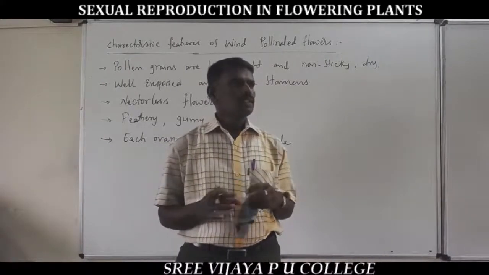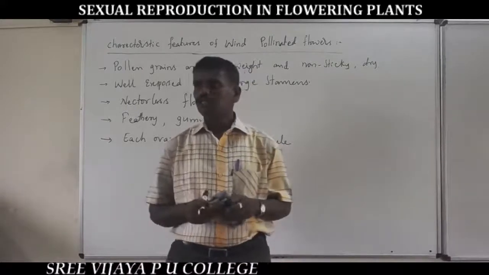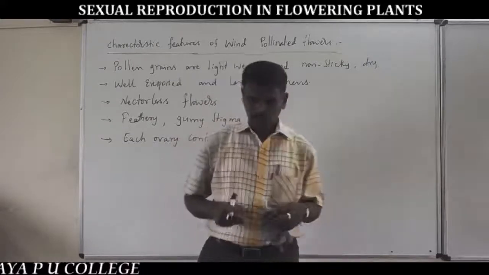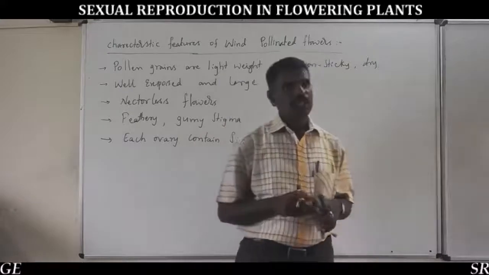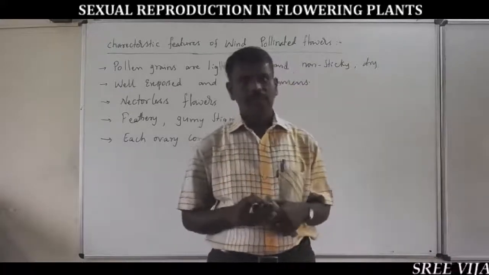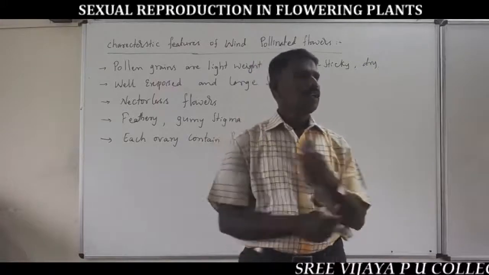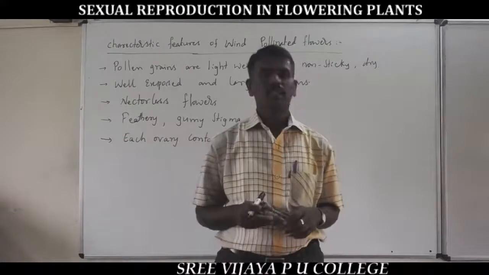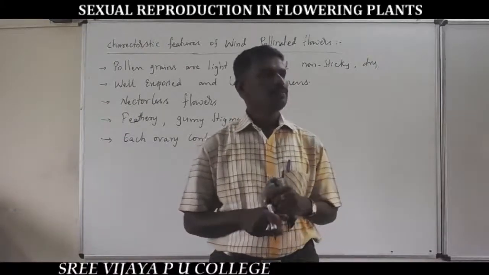Pollination by wind is called anemophily. Pollination by water is called hydrophily. And pollination by animals is zoophily, as we discussed last time.